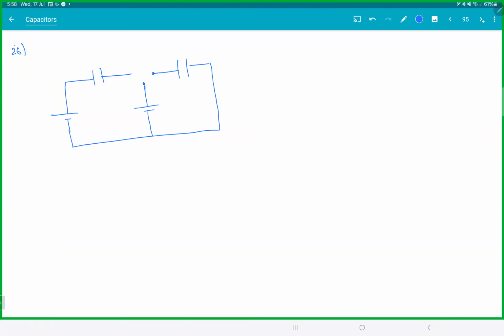So we have 2 points here. This is A and this is B, and we have a switch. The switch can be toggled between A and B. This is C, this is C, this is B, and this is 2V.